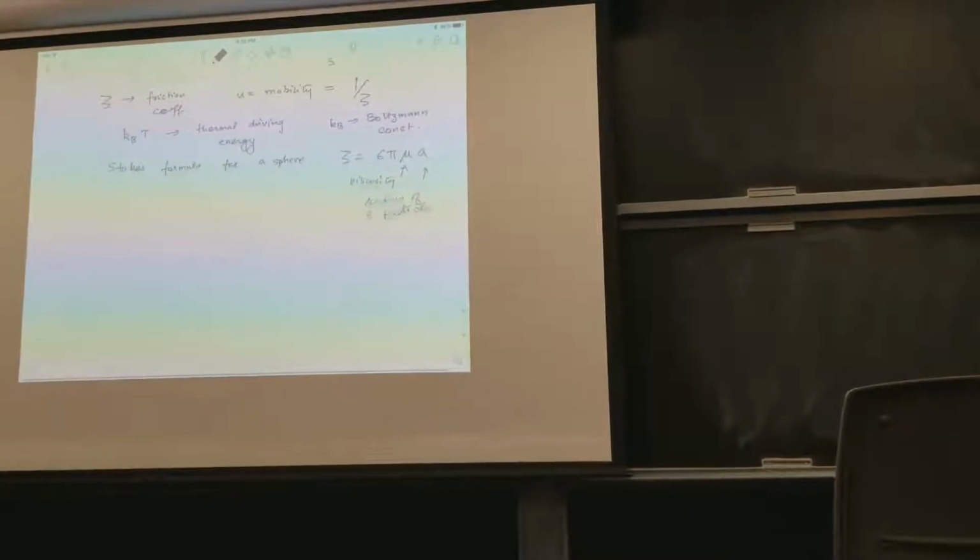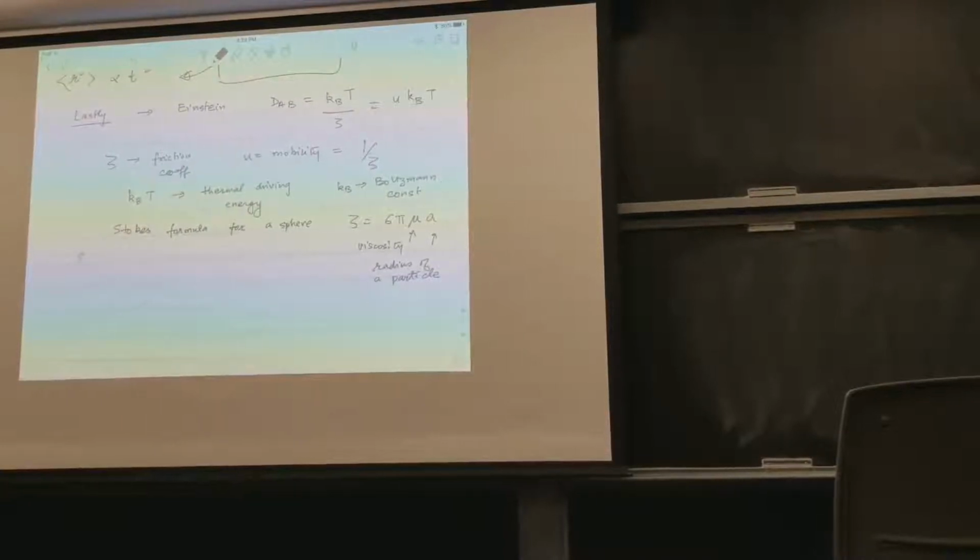And so if I use this formula, then what we get is the Stokes-Einstein equation.